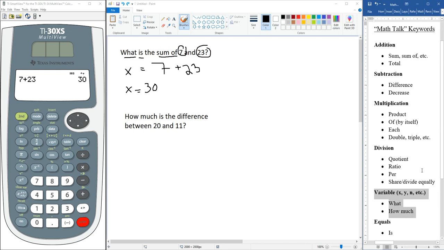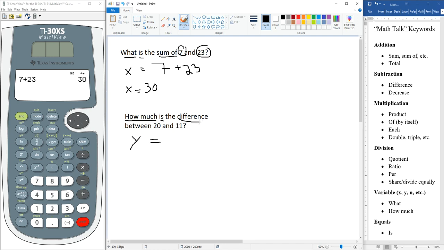How much is our variable. We used x last time, so let's try y. We underline how much, and we know that's y. Is means equals, so we underline is and use an equal sign. Very good.